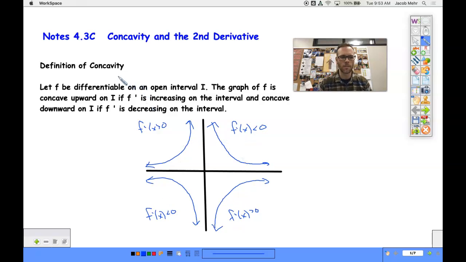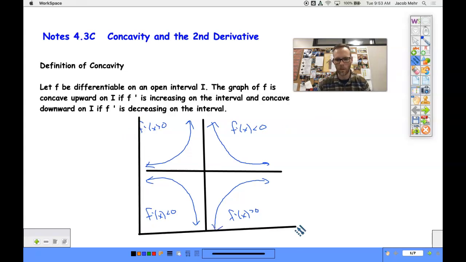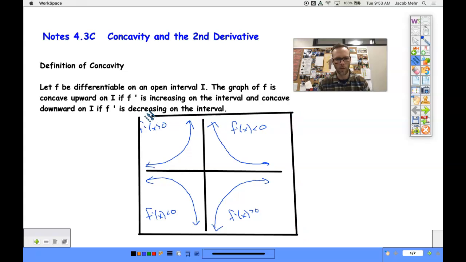But let's get back to this definition of concavity. It says that if f prime is increasing, then it's concave upward, right? So look at our two concave ups. That would be the top. And you know what? Maybe I should just make this into even more of a table here. So top row, concave up.